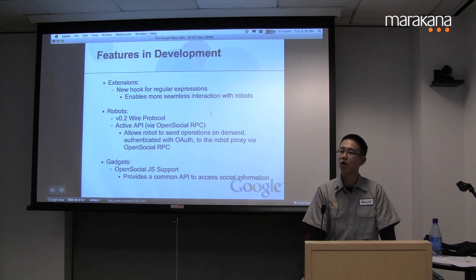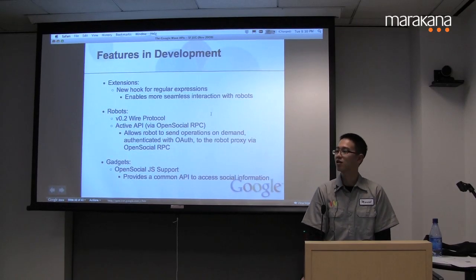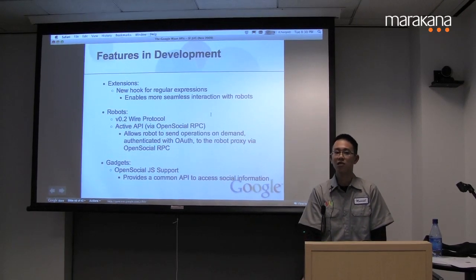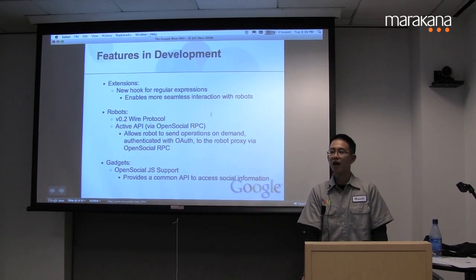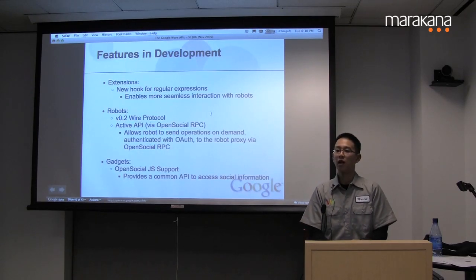For robots, we are working on our next version of our wire protocol, our JSON wire protocol. In our previous version, we have some Javaisms because we are using the old JSON RPC serializer that has things like Java class inside the JSON object, and we think it makes more sense to make the wire protocol language agnostic, so that developers out there can build their own client library, say in PHP or Ruby on Rails, or even C++ maybe.